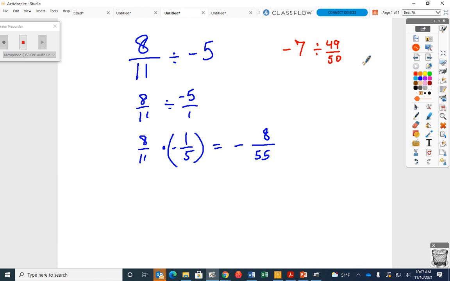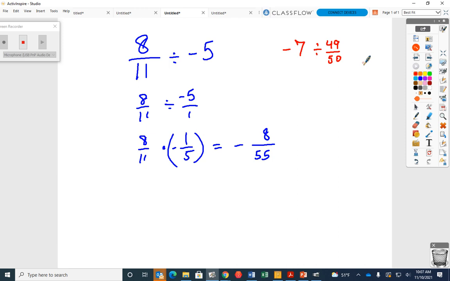Try that one. Let's just see what you get. It's not as hard as it looked, is it?